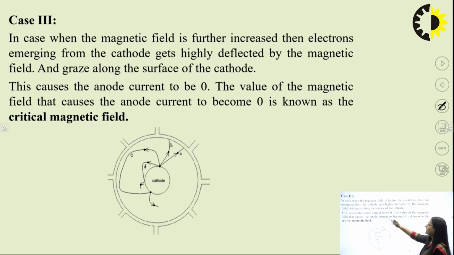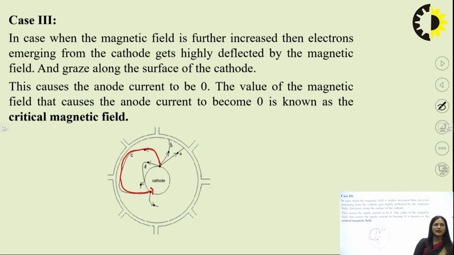Case 3, in case the magnetic field is further increased, it means the magnetic field in this interaction space is again increased, and the electron emerging from the cathode gets highly deflected by the magnetic field and goes along the surface of the cathode. See here the case C. We are giving so much magnetic field that this electron C will move across this path and come back to the cathode, right.